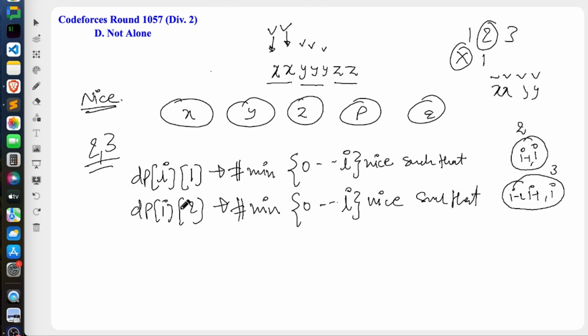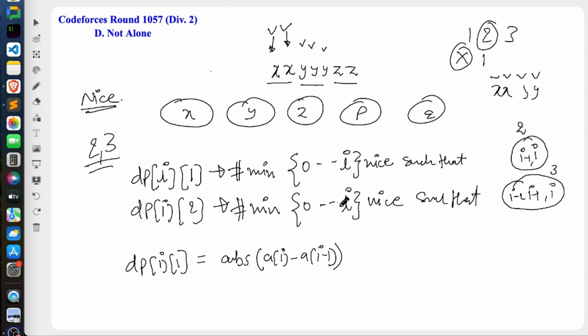So the recursive relation would look like this. DP of I, 1 would be the absolute value of a of I minus a of I minus 1, because we know that we have to make a block of size 2, so these numbers have to be the same.